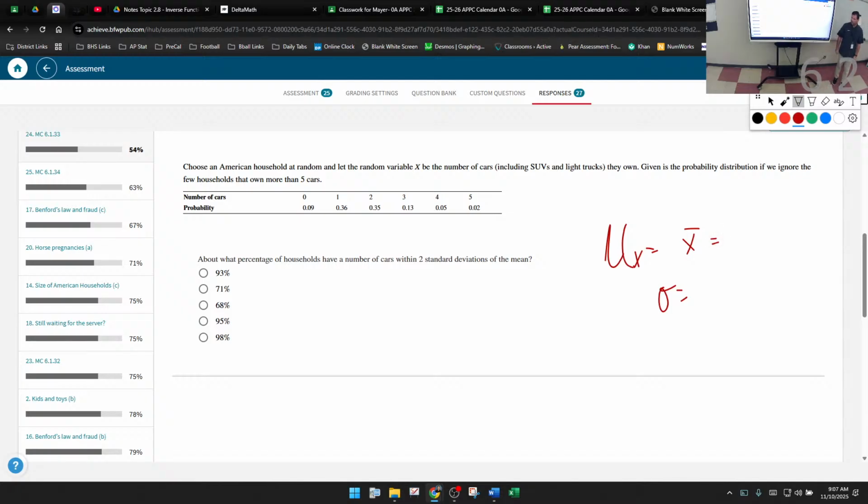Once you calculated the mean and the standard deviation, add 2 of these to the mean and subtract 2 of these from the mean. I'm going from memory, but I think it was 3 point something and negative something. Either way, you had to calculate the mean and the standard deviation, add 2 of those and subtract 2 of those, and then add the probabilities that are within that. Okay?